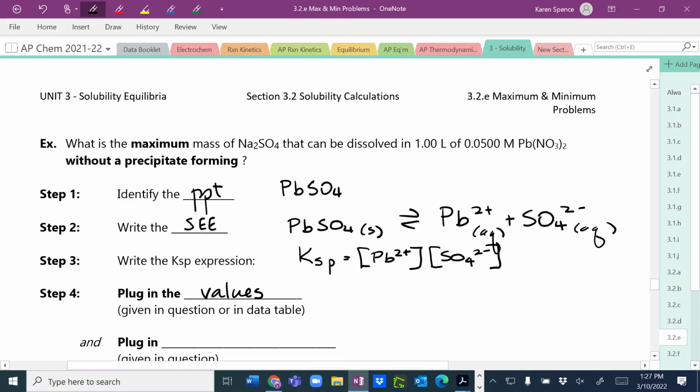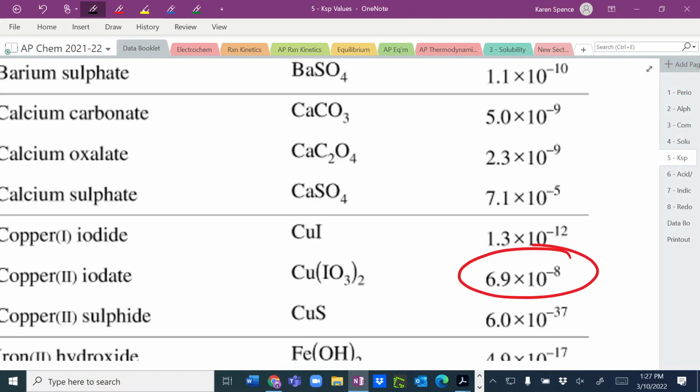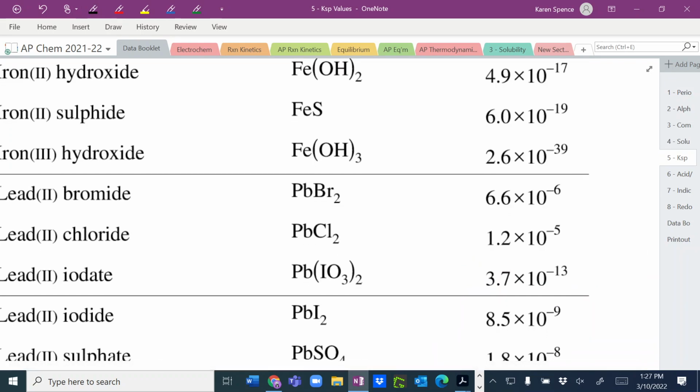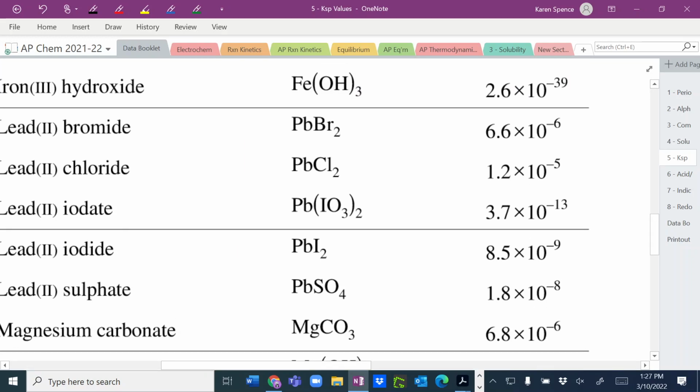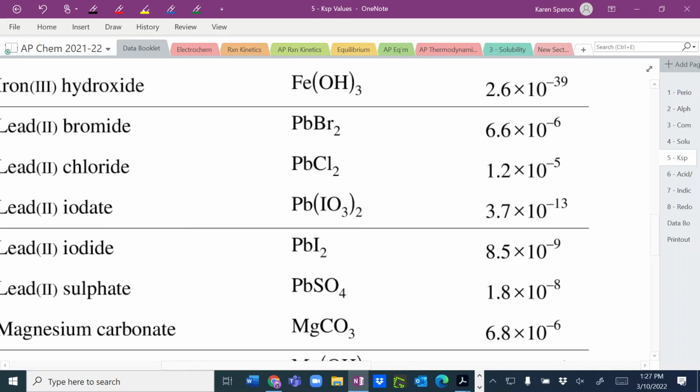Do we know our KSP? Yes, we do, because it is on our data table. In AP, it would be given to you in the question. Lead sulfate, there it is, 1.8 times 10 to the minus 8.